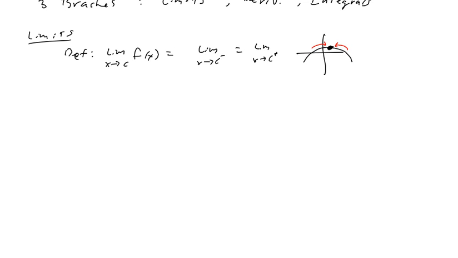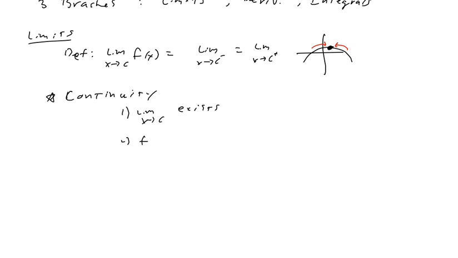And the purpose of limits was to enable us to define continuity and differentiability. So the definition of continuity: for a function to be continuous, there are three parts. One, the limit as x approaches c exists.